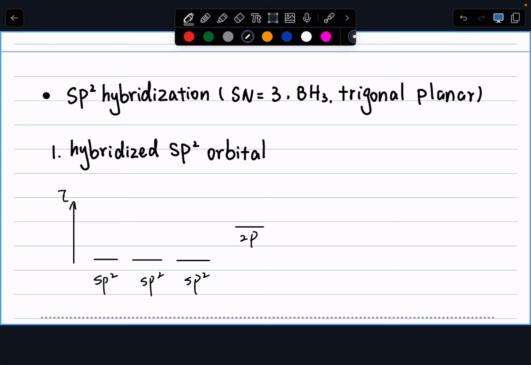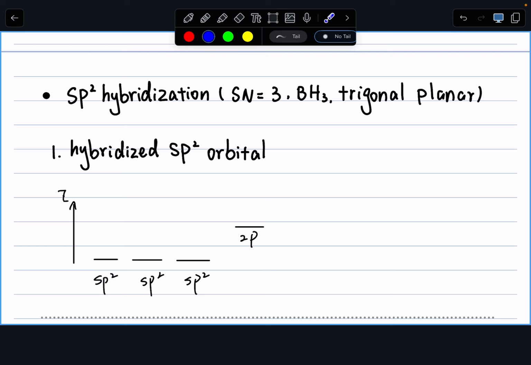All right, so think about it. Why do we have 3 sp2 hybridized atomic orbitals? Anyone? 3 bonds? Well, 3 bonds is one reason. The other reason is we have 3 sp2 hybridized atomic orbitals. We're mixing one s atomic orbital with 2 p atomic orbitals. So 1 plus 2 equals 3. Even I can do that calculation.